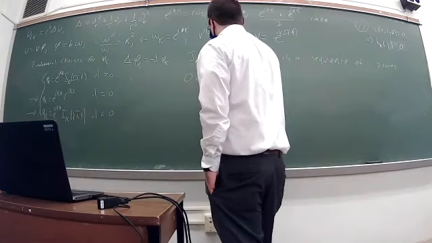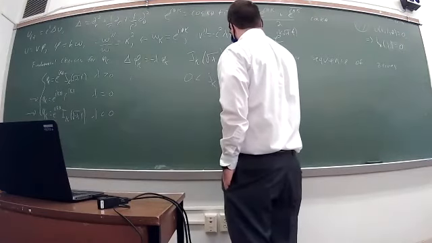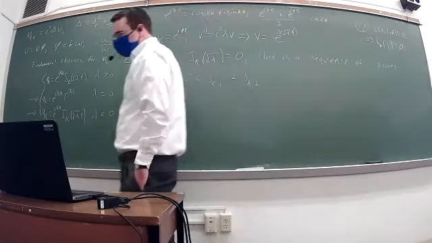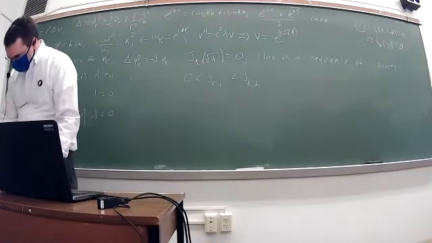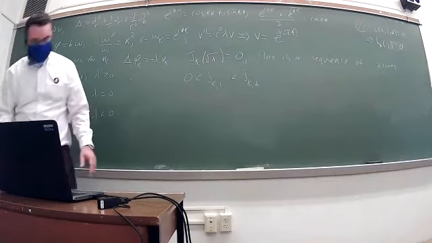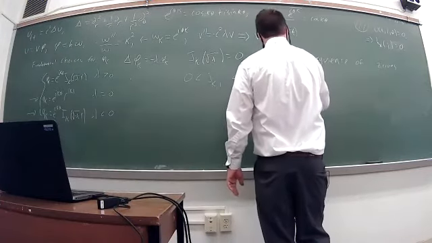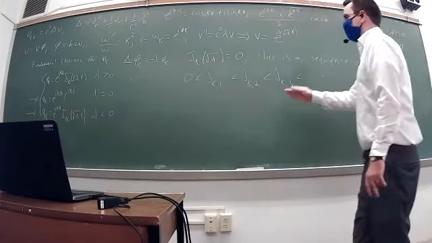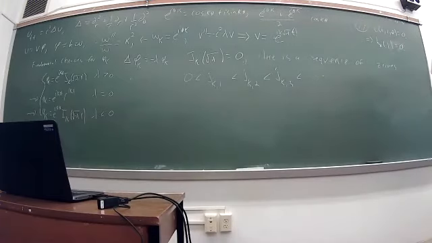You start the first one at 1, I think. Try to keep notationally consistent. K starts at 0, and then the first zero starts at 1.